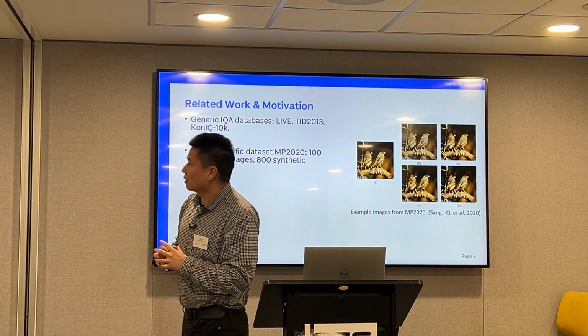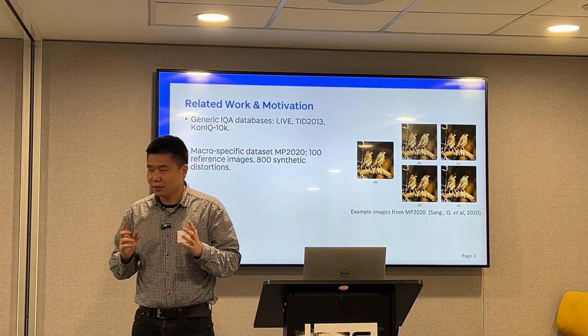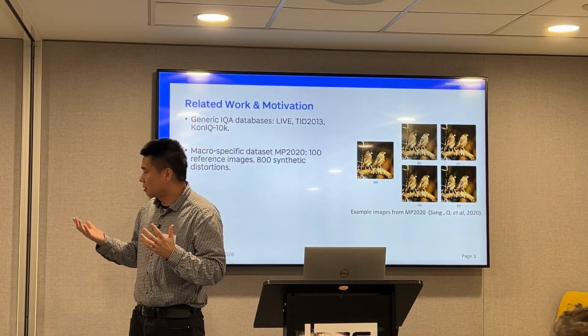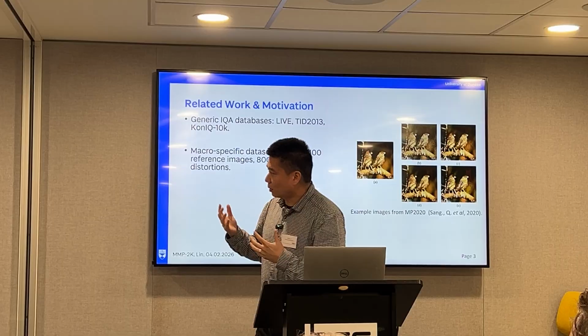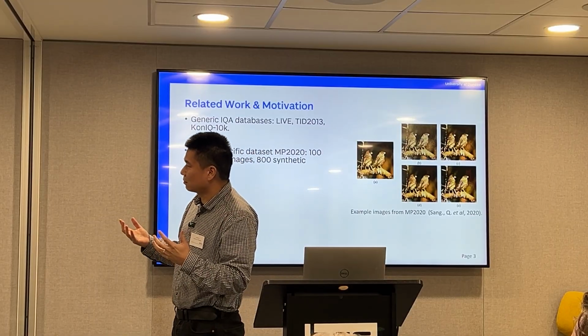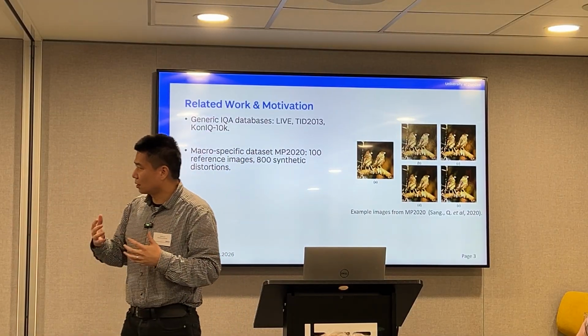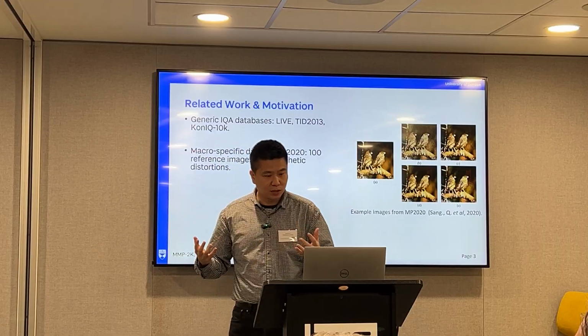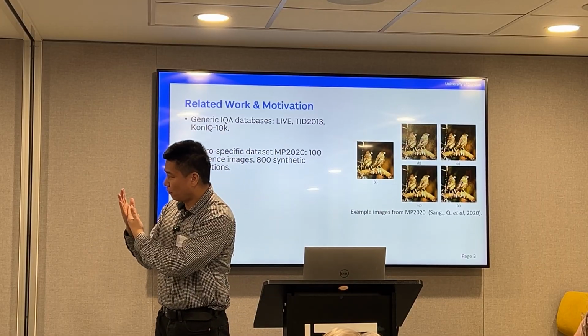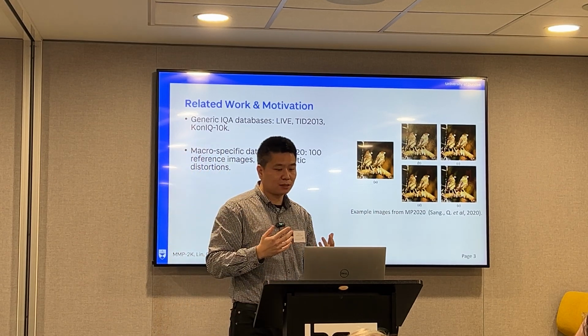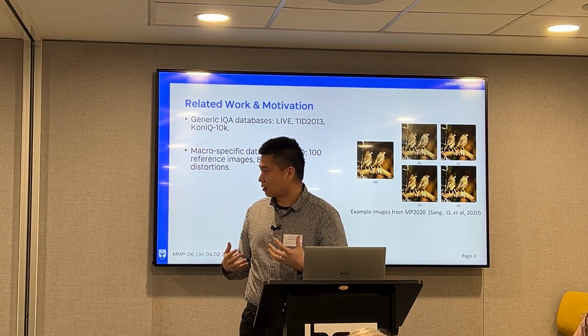We found there's only one paper, published in a not very prestigious journal. What we found is that they use artificially distorted images: they collected some macro photography images and then applied different distortions artificially.